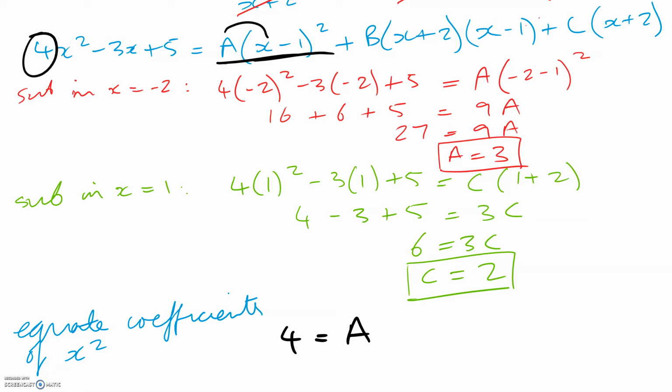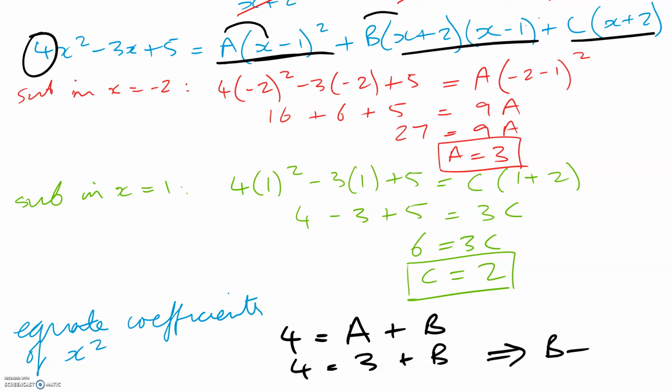And likewise, if you expand these brackets and then multiply by b, that will give you a bx squared. But you're not going to get any x squareds from over here, so you can forget about c. Now, fortunately, you know that a is 3, so we've got 4 equals 3 plus b. So then that tells you that b has got to equal 1.